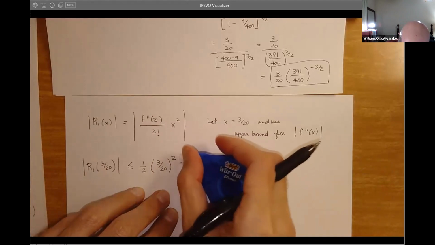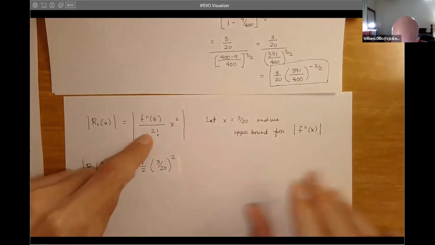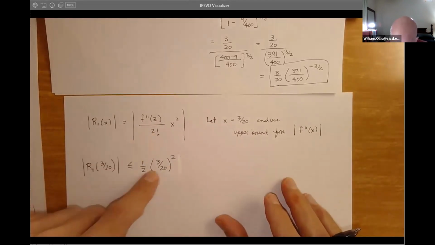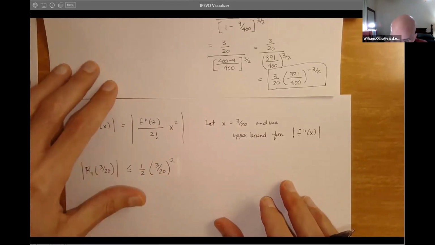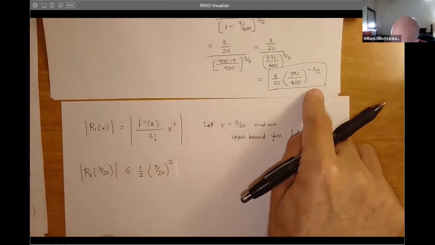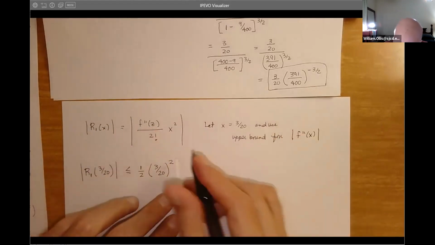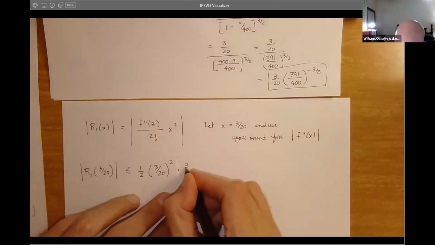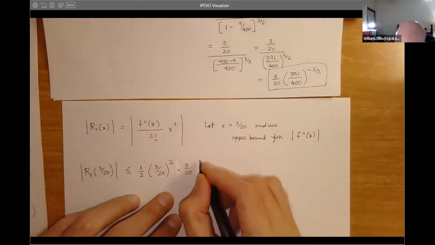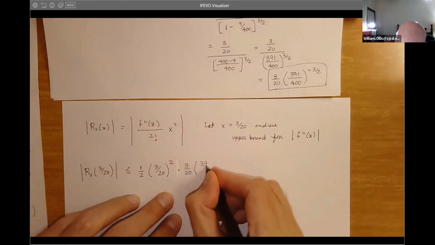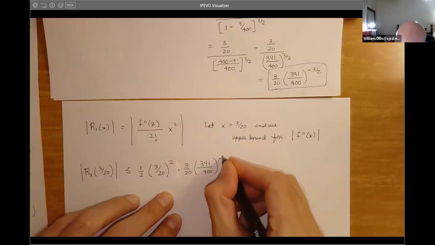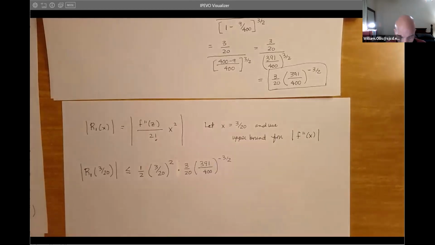We know what it is. So basically, we take the absolute value here, we get the 1/2, we get the X squared, and then we have our upper bound right here. So let's write it in: 3/20, 391/400 to the -3/2. And so when we look at that, we're like, oh, eureka, how fun.